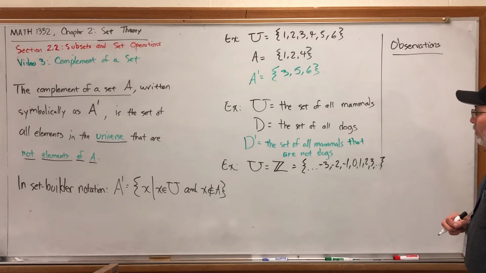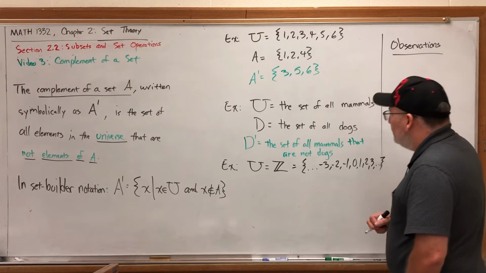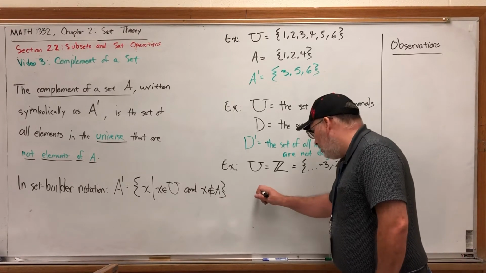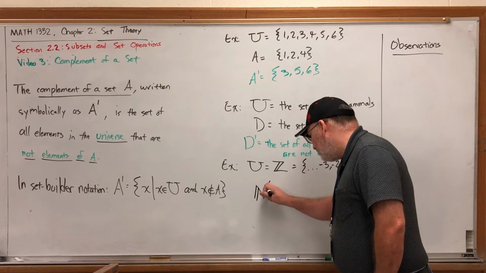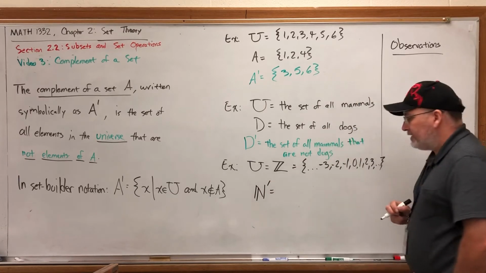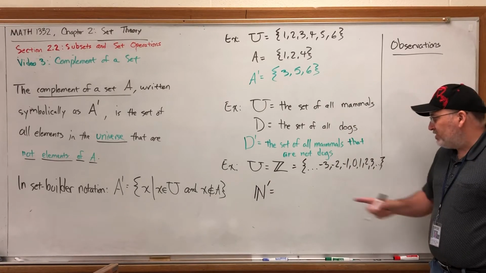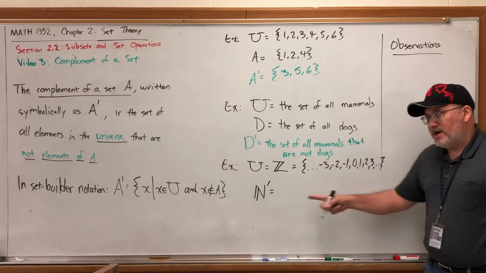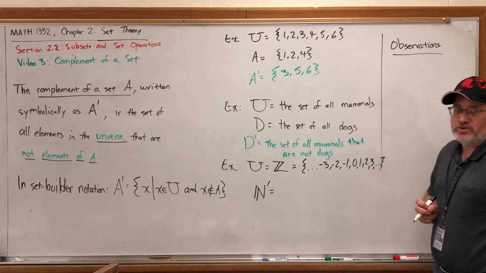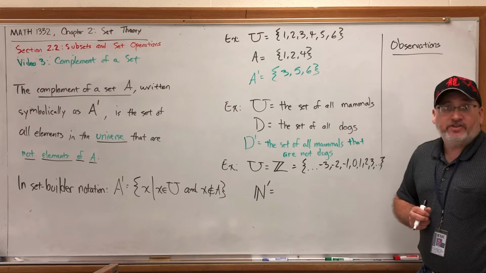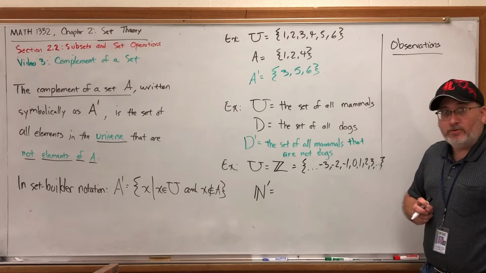Now, what set are we going to take the complement of? Well, we're going to take the complement of the natural numbers. Natural numbers complement. So think about what this is asking. This is asking which numbers in this universe are not natural numbers. If you've forgotten, the natural numbers are also called the counting numbers because they're the numbers you count with.